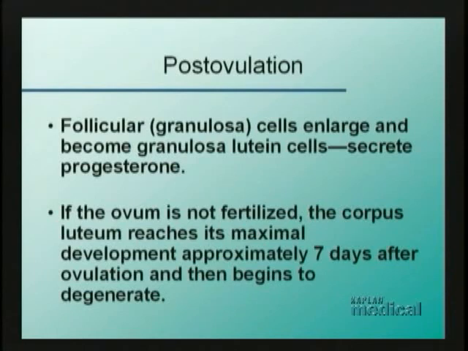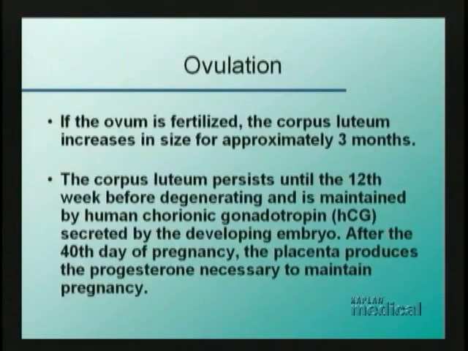If the ovum is not fertilized, the granulosa cells in the corpus luteum will stop producing progesterone if they're not maintained by human chorionic gonadotropin, and it'll cause that corpus luteum to begin to degenerate about 7 days post-ovulation.